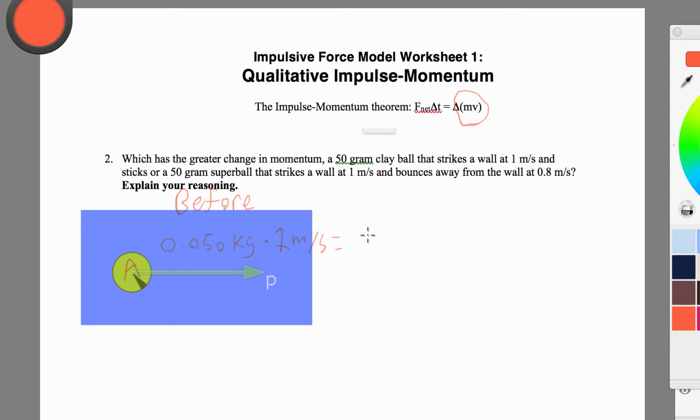Anything times 1 is not going to change at all, so that math is easy. 0.050, and the unit kilogram meters per second.